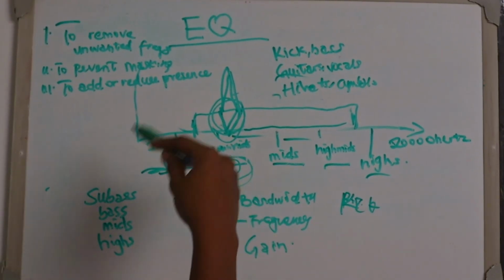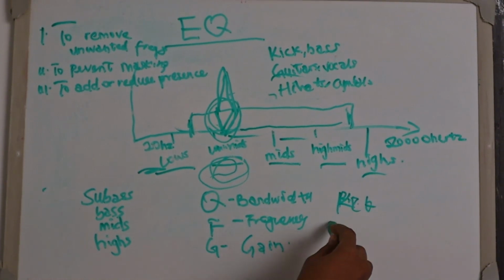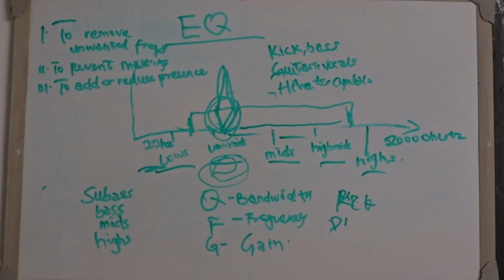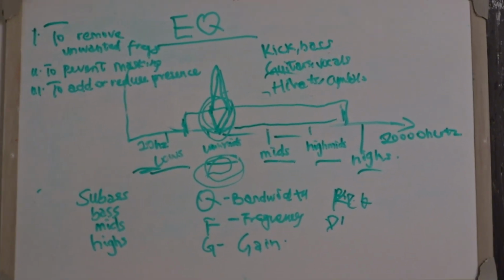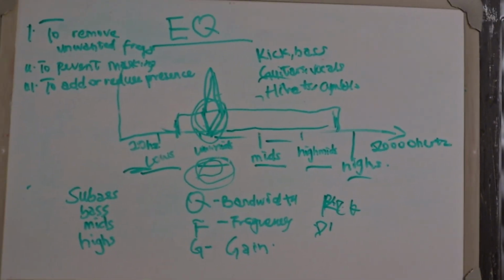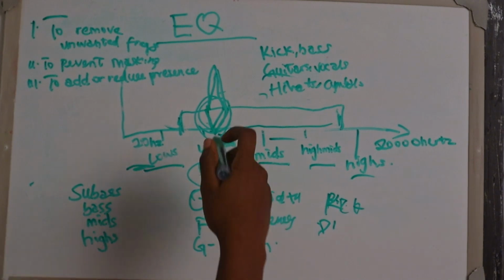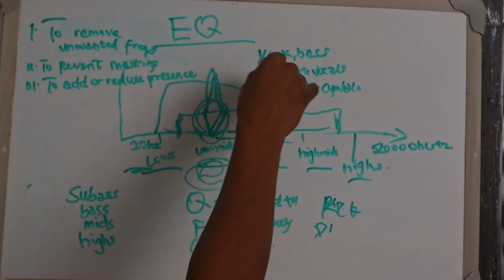And also when you are mixing a song, there are a lot of elements in the song. You have your drums, you have your vocals, you have your guitar, and sometimes there is an overlap because, let's say, guitars and vocals lie in the same kind of primary range. If vocals are here, guitars are somewhere around here.